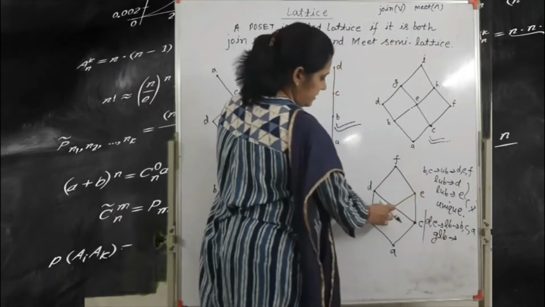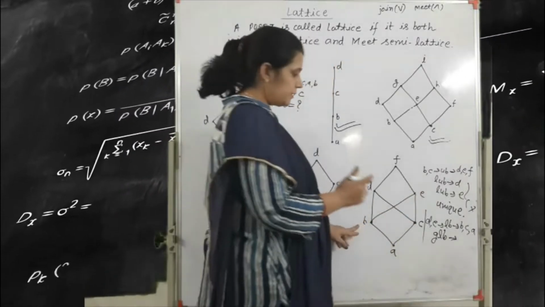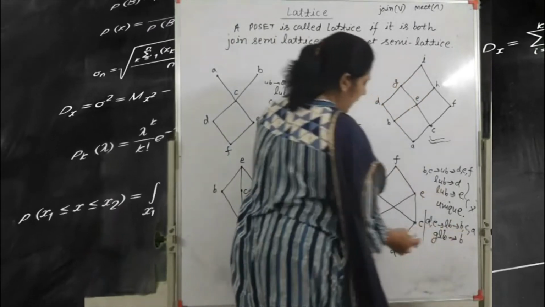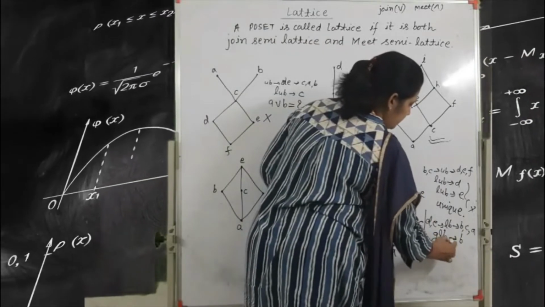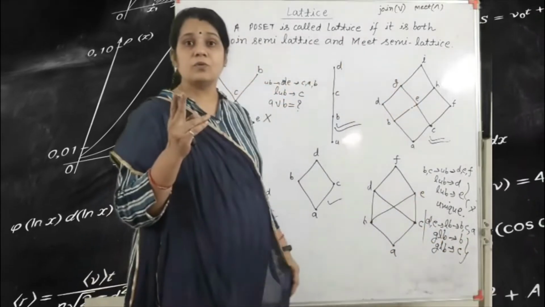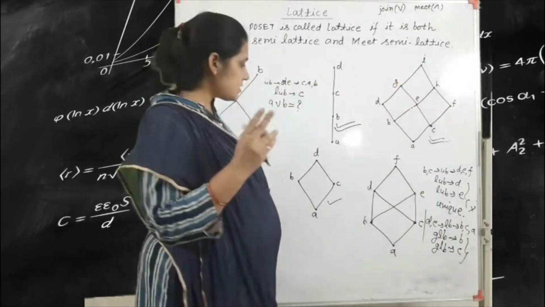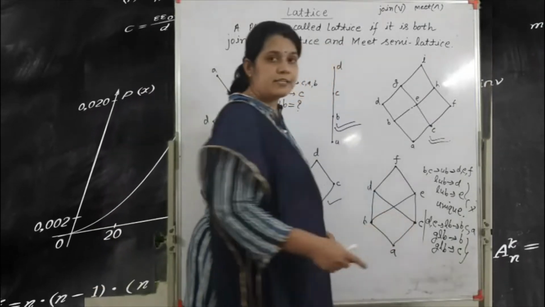Here it is B, and also the greatest lower bound of D and E is C. So again there are two greatest lower bounds.